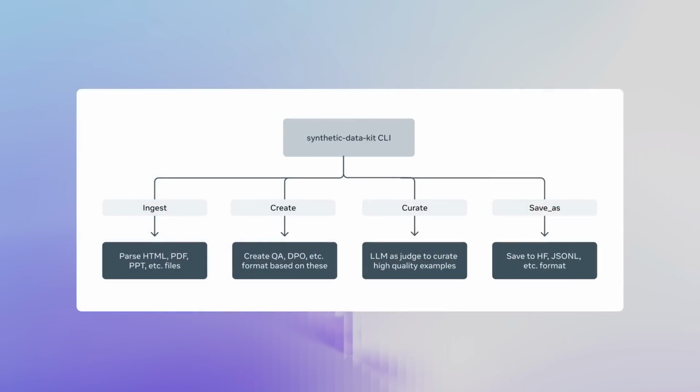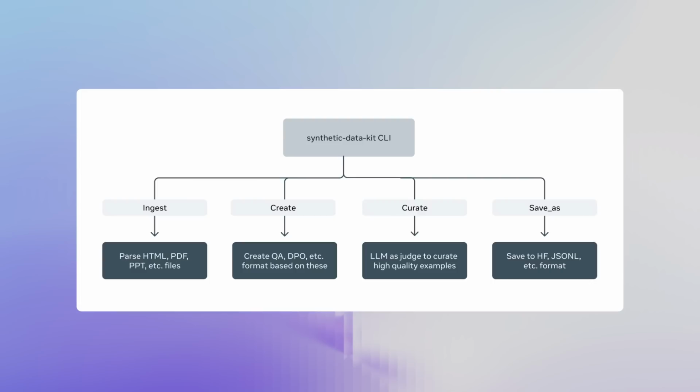So here is how it looks in practice. The tool provides you 4 simple steps through the CLI. Ingest your HTML, PDFs, PowerPoints, and then create your desired post-training data, either reasoning, COT, DPO, or instruction tuning data.